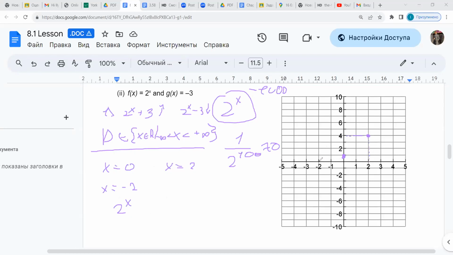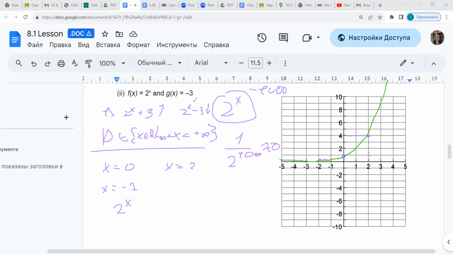So -2 and 1/4, somewhere here. So we've got our 3 points that we're going to join gently, like a smooth curve, like this. So this is our initial graph of the exponential function.